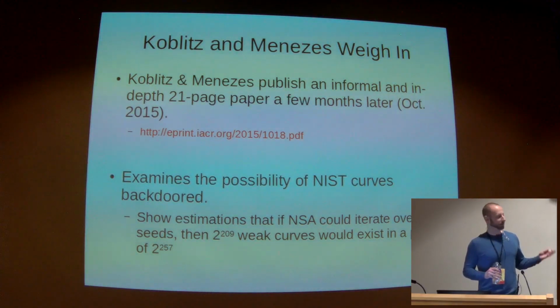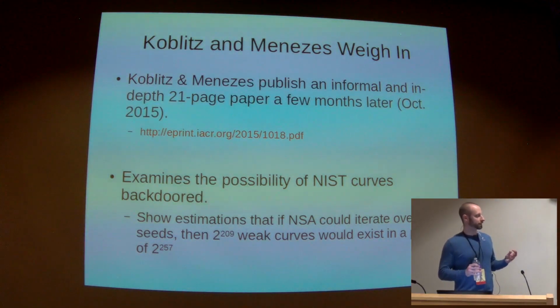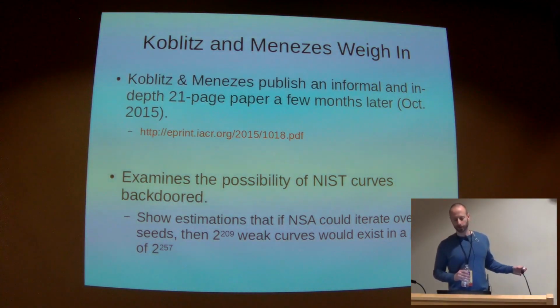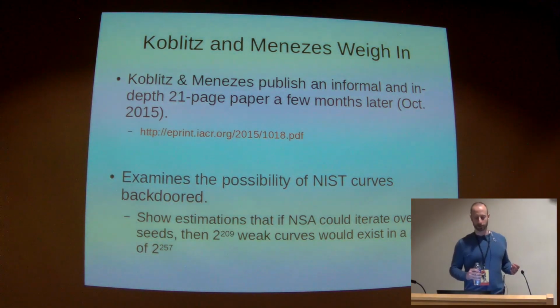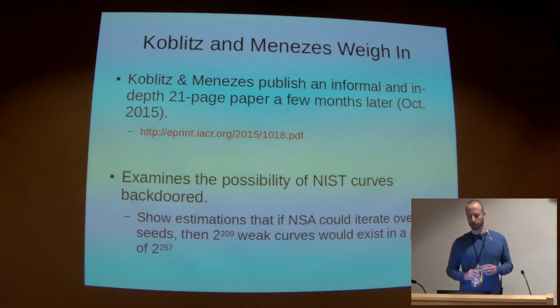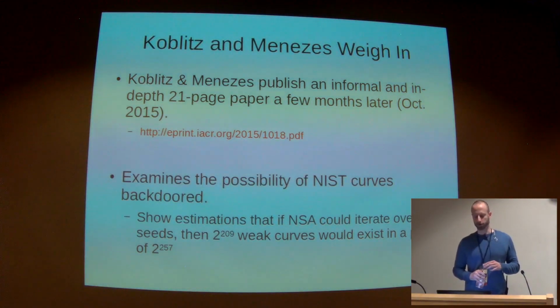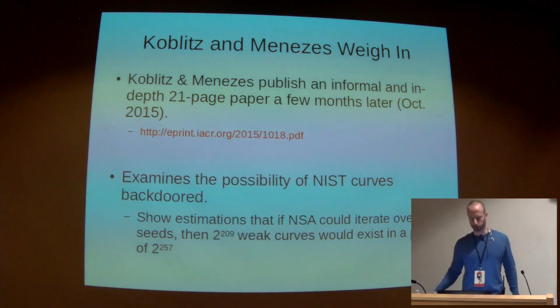So they showed some estimations. All right, here's some math. They figured out that if the NSA in 1997 could iterate, let's say, 2^48 seeds, then that would imply that 2^209 weak curves would exist in a pool of 2^257. So in other words, there would be this massive pool of weak curves.